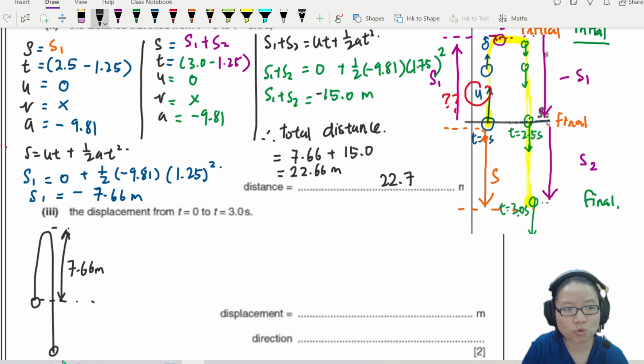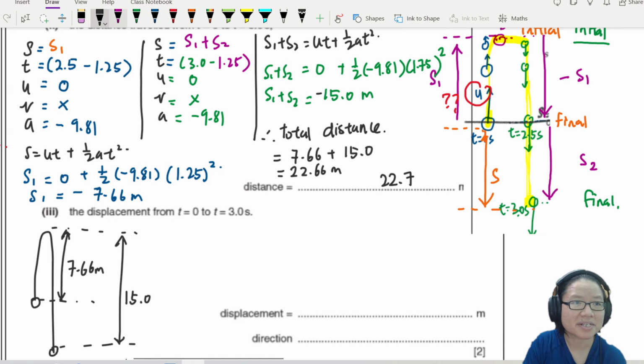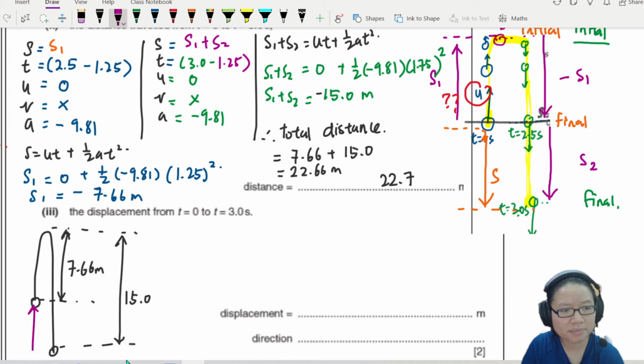I also know that from top to bottom, here to here is 15.0. And the displacement is actually here. Let's say I call this x, because here is 0 second, and down here is 3.0 second.